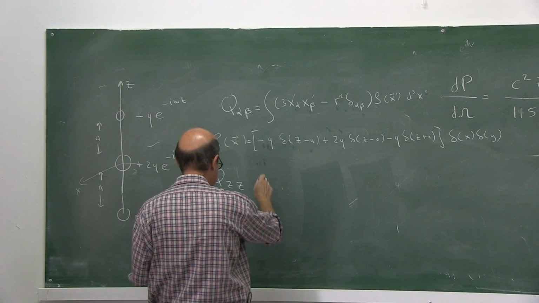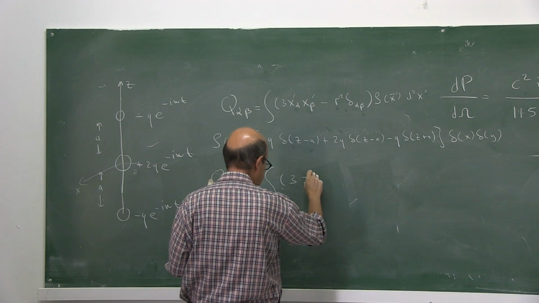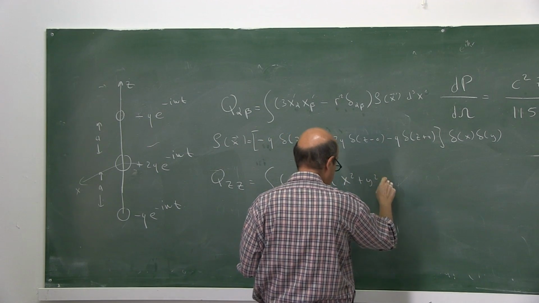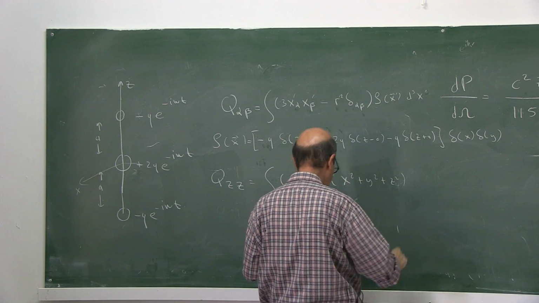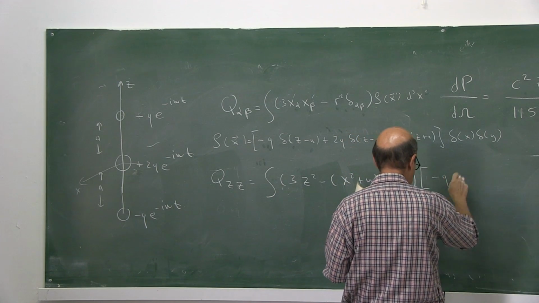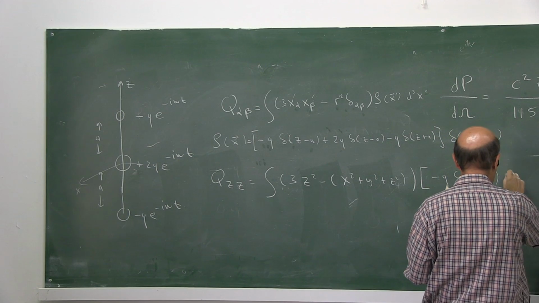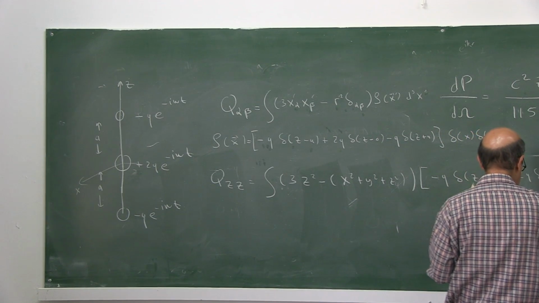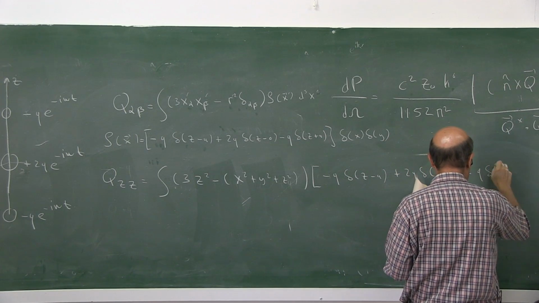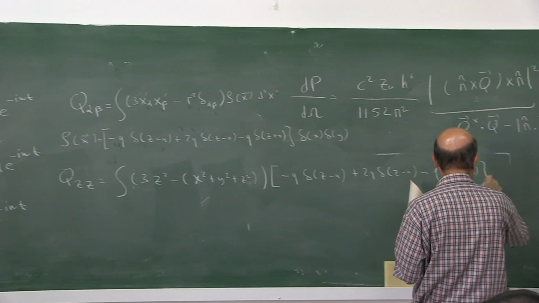So if you do this, this is nothing but the integral of 3z square minus x square plus y square plus z square, that is r square, times the charge density: minus q delta z minus a plus 2q delta z at the origin minus q delta z plus a.